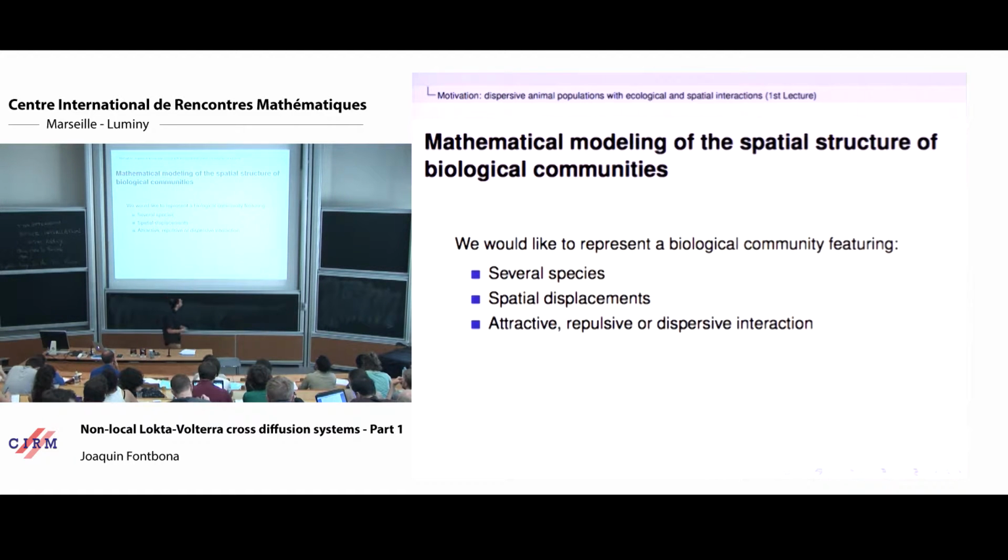We will think that there are interactions between these animals, which induce some behavior at the level of the spatial displacement. We could have, for instance, animals being attracted, being repulsed between them, or dispersed, in the sense that there is no clear direction where they go, but the effect of the population nearby makes them disperse somewhere, in some sense.